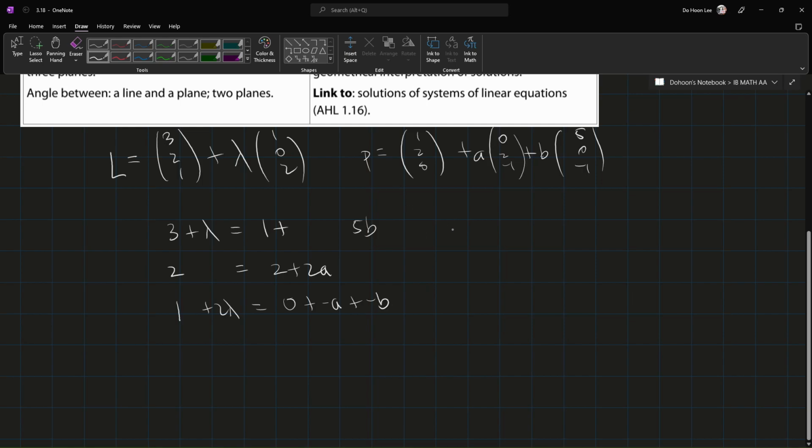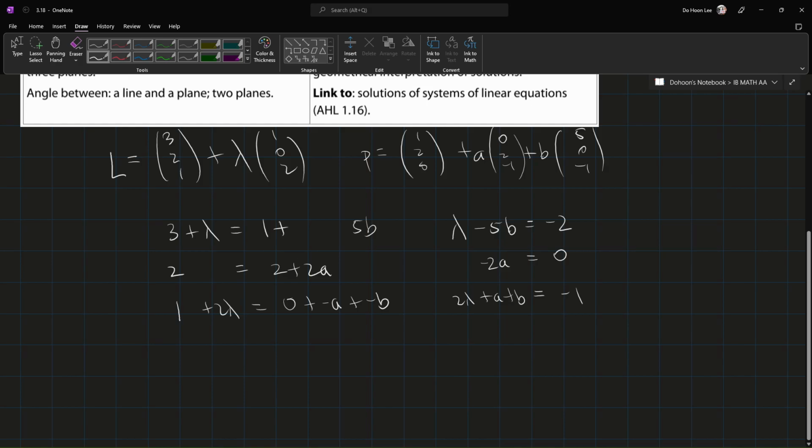Then we get three equations: lambda minus 5b is equal to negative 2, negative 2a equals 0, and 2 lambda plus a plus b is equal to negative 1.